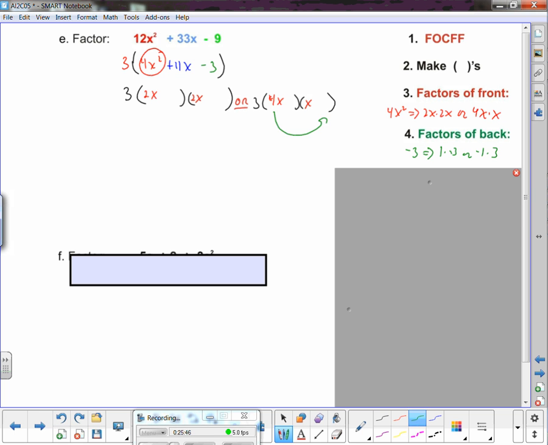The outers, right, plus the inners has to get us to 11x. Again, on this one, the outers plus the inners has to get us to 11x. And we got 3 and 1 to play with. Does anybody see the right combination?